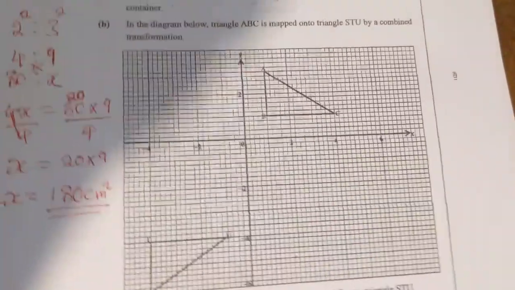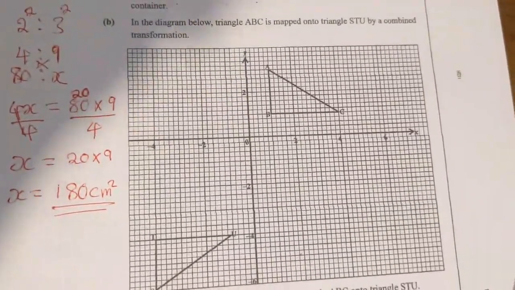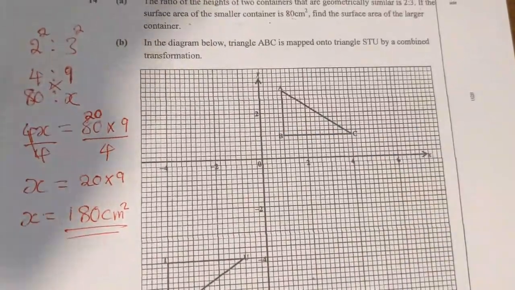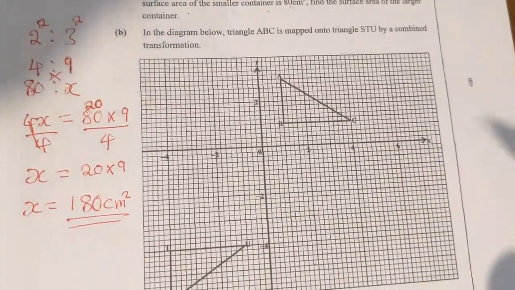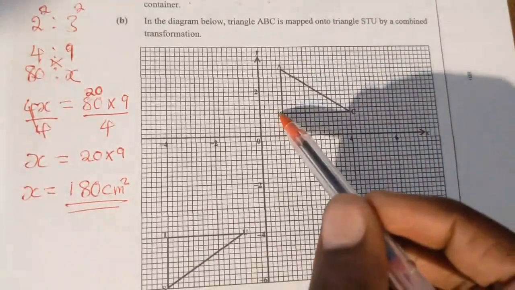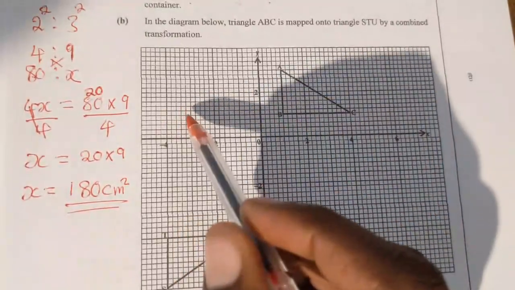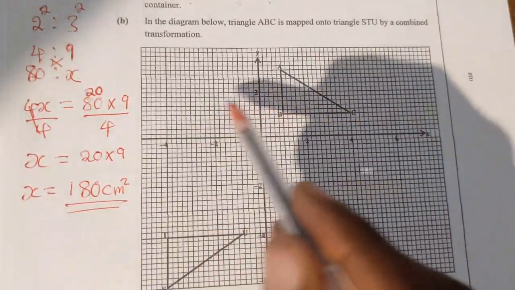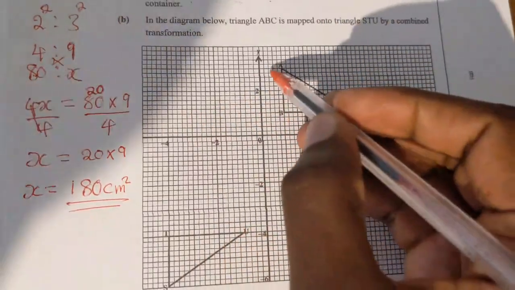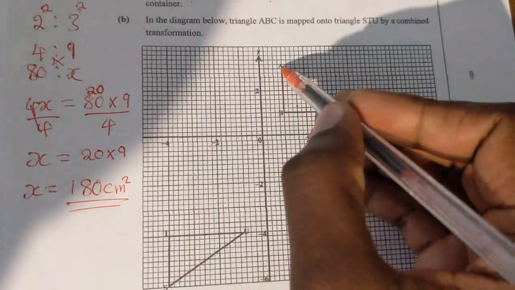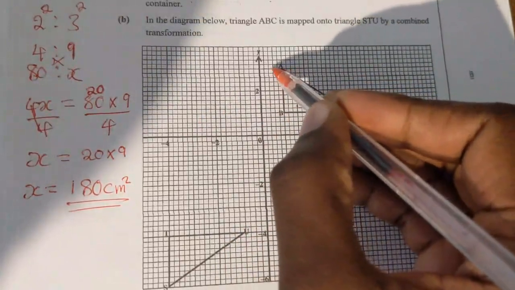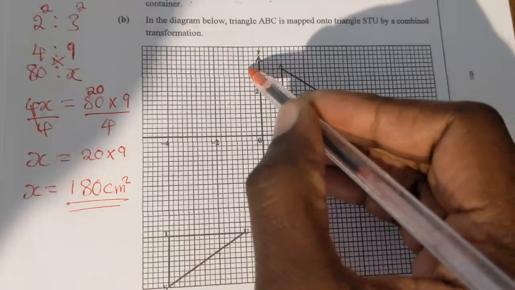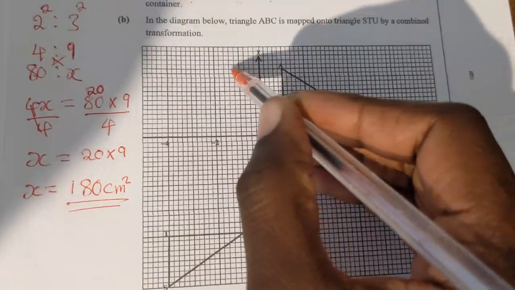Here there's just a reflection and a translation. When this one reflects to the other side, this is the mirror. It will be the same distance from the mirror. This is 1, 2, 3, 4, 5, 6.